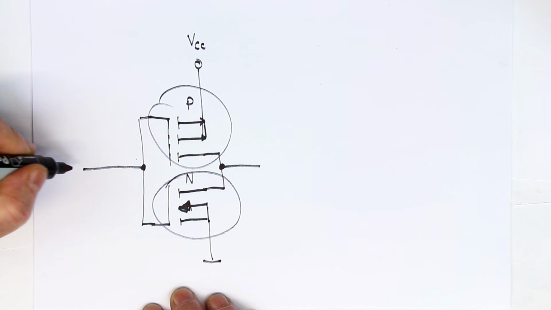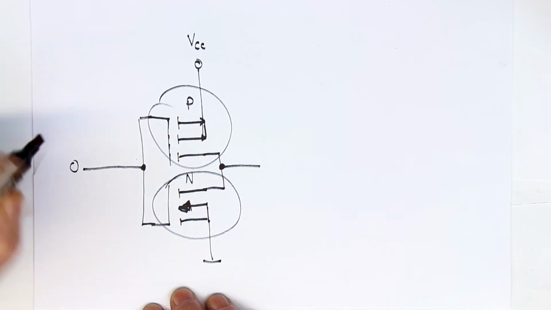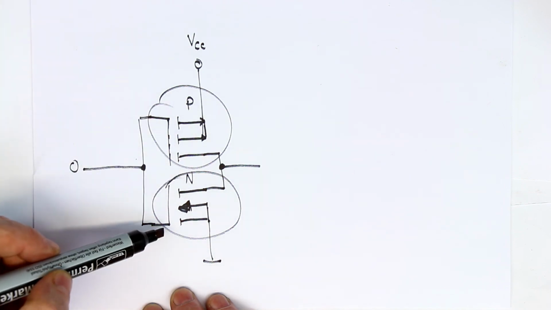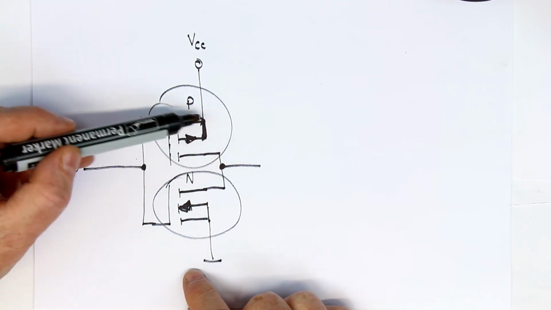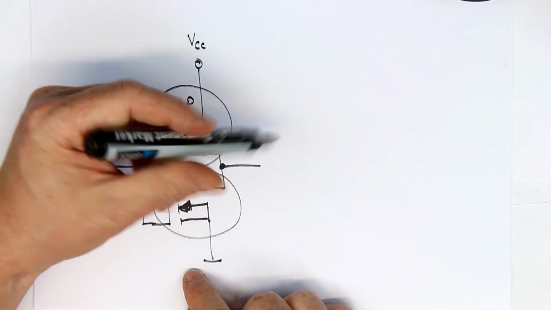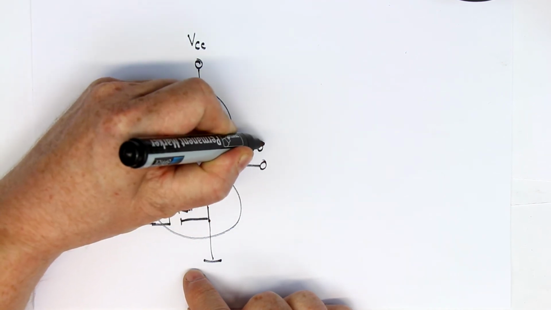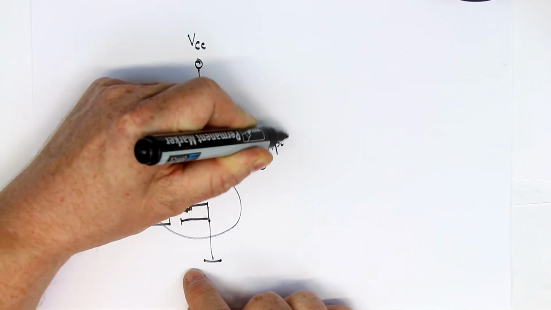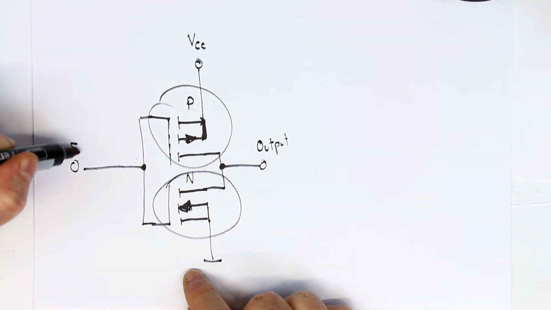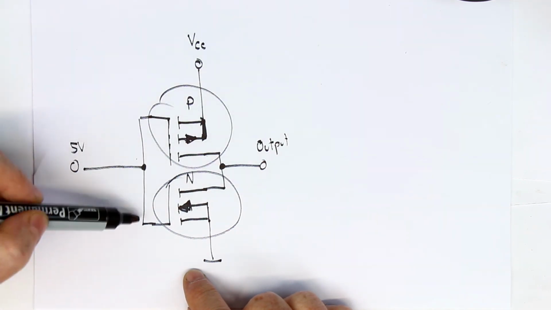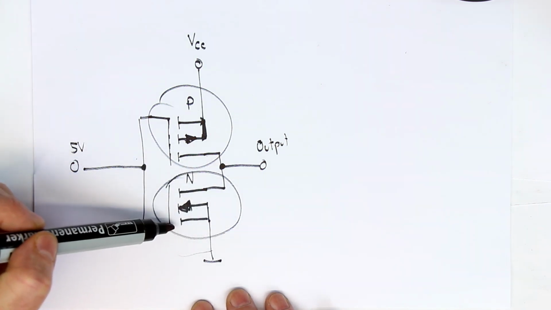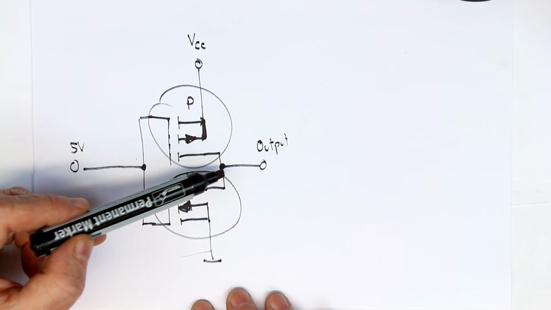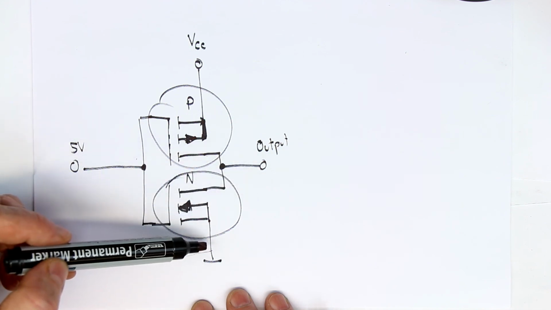And now if we put 0 volts at the two gates, then your P-channel MOSFET will turn on and connect the output with your supply voltage. And when you put 5 volts or VCC to the gates, then your N-channel MOSFET turns on while the P-channel is turned off, and it connects the output to ground.